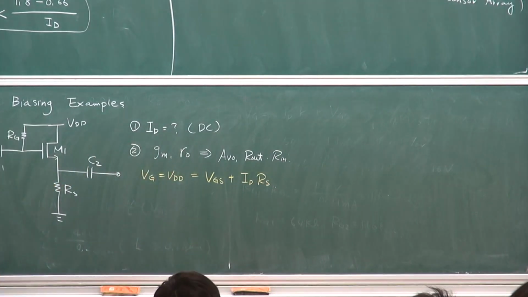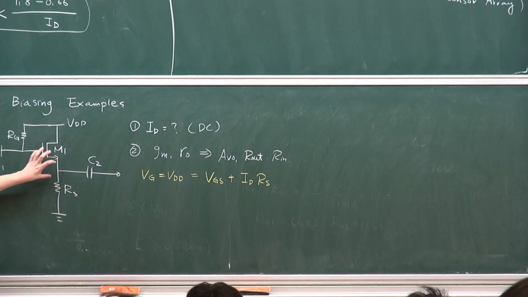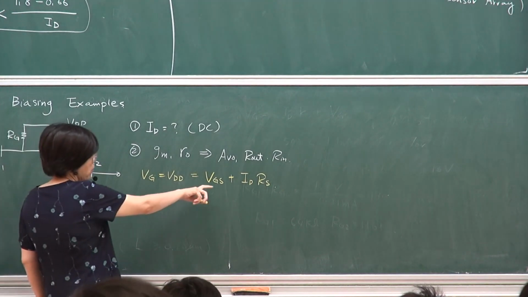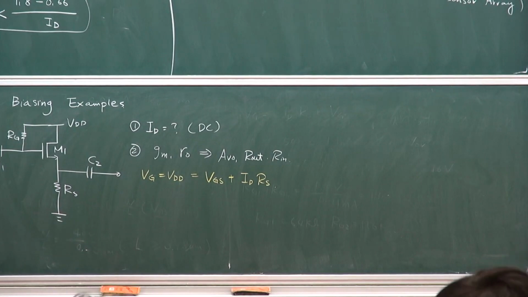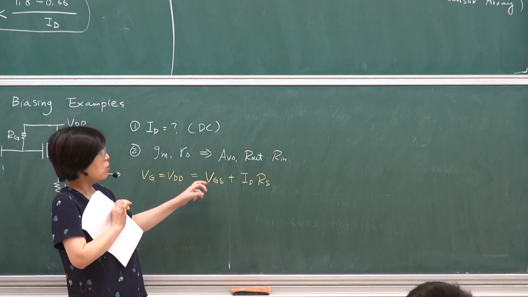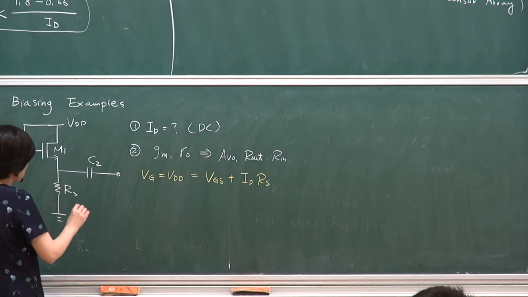So you're simply using the choice of RS to determine your drain current. And drain current is determined by this equation. So you solve, not by iteration, using this current equation to solve for ID or solve for VGS.